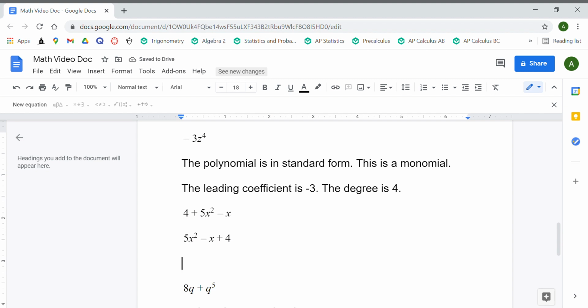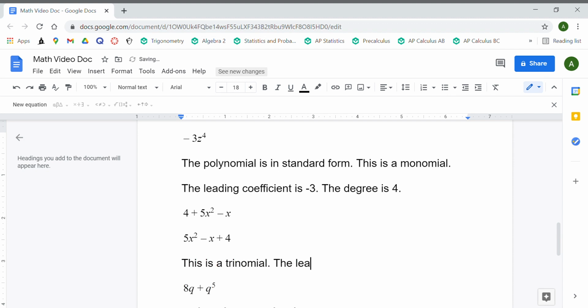And now we have to classify this polynomial based on its terms. This has 3 terms, so we're looking at a trinomial. Now we need to find the leading coefficient. We need to look at the coefficient that's in standard form. So it's not 4, it's 5 for 5x squared.